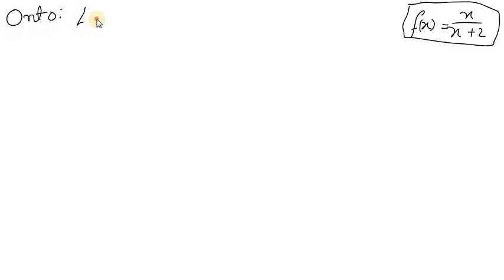So we'll start with: let y belong to the range of f. We are going with a point in the range of f. I don't know what it is, and we don't care about that; we're just taking a point here.